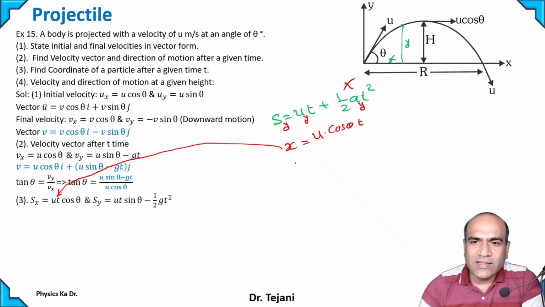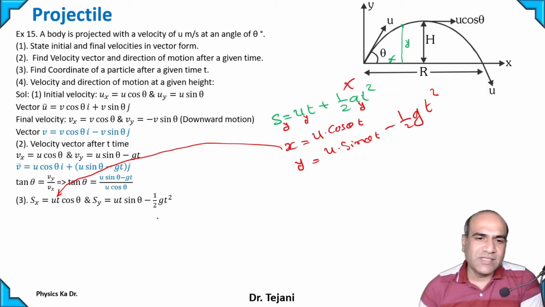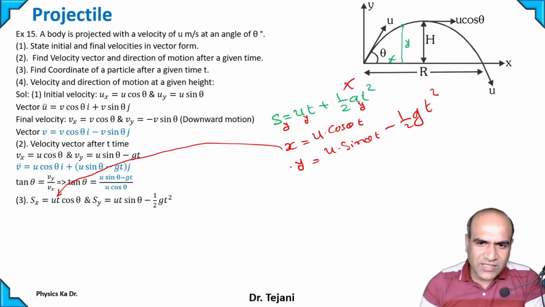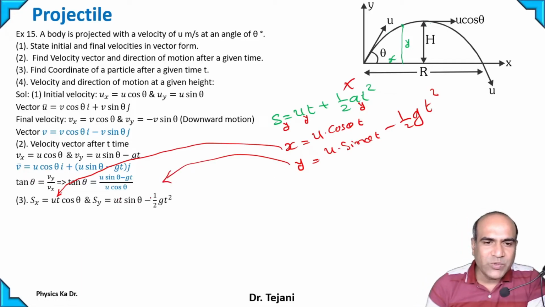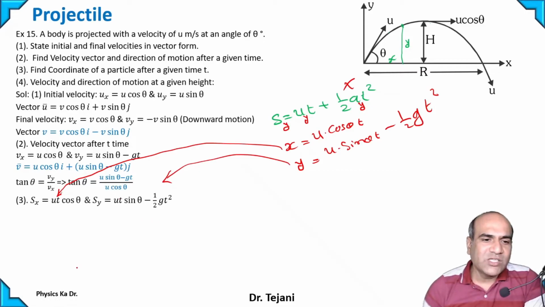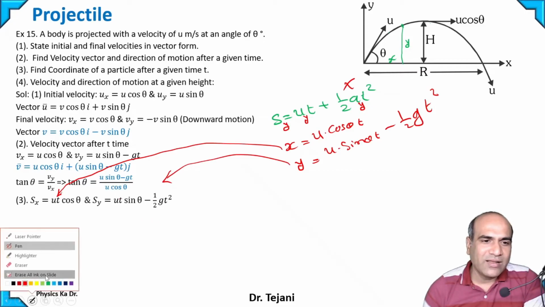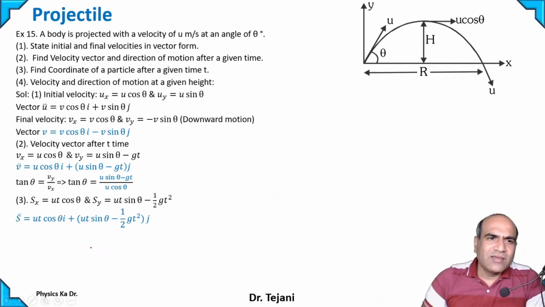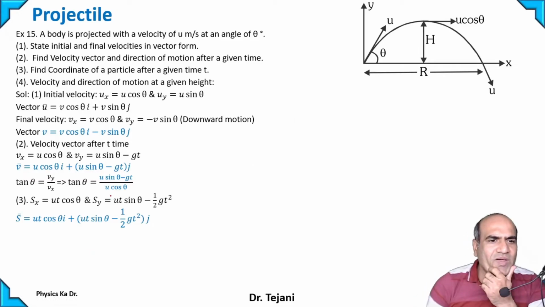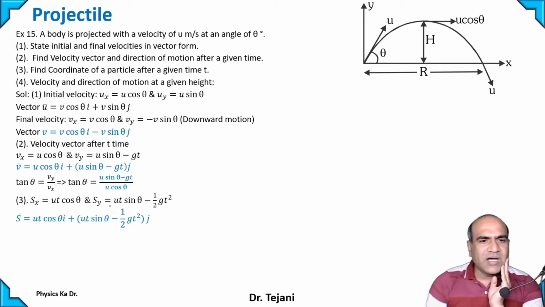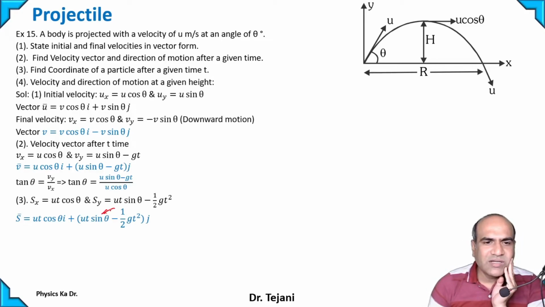So sy, that is y, is u sin theta t, minus 1/2 gt squared, because acceleration is negative for a body moving freely. So sy is ut sin theta minus 1/2 gt squared. Now we got the vector s bar is equal to ut cos theta i plus the y expression in j form.